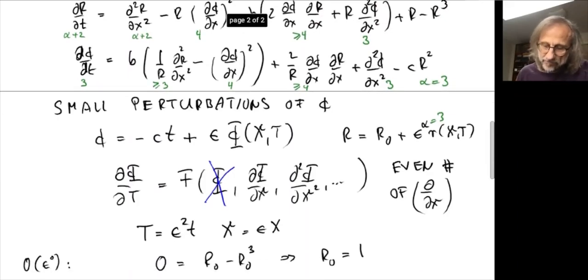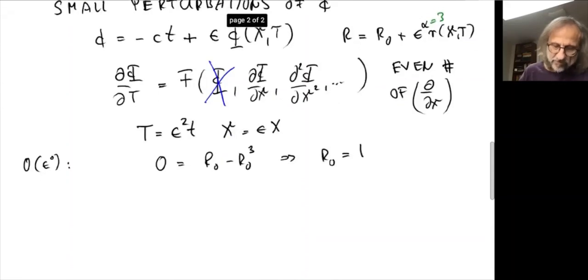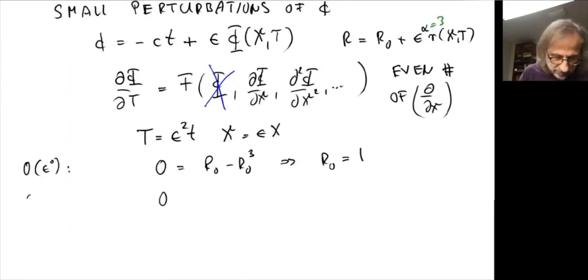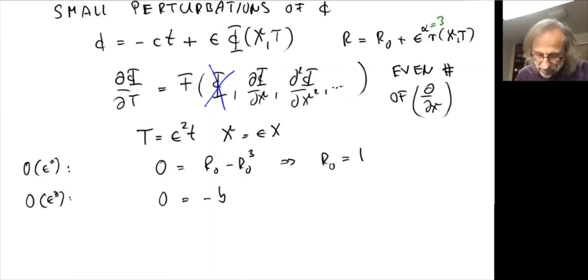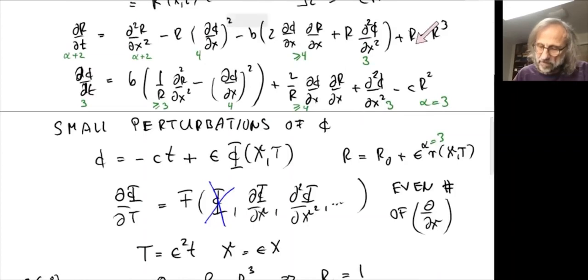We have minus b times r0 times the second derivative of phi. So we have 0 at order epsilon cubed is equal to minus b r0 d2 phi by dx squared, plus little r minus 3 r0 squared little r.